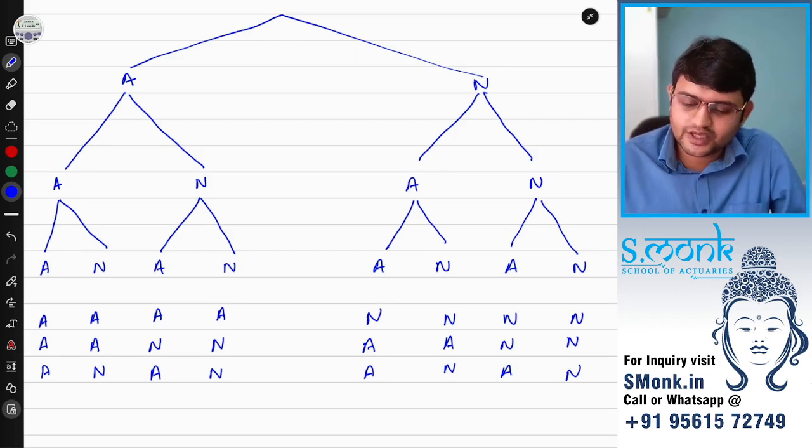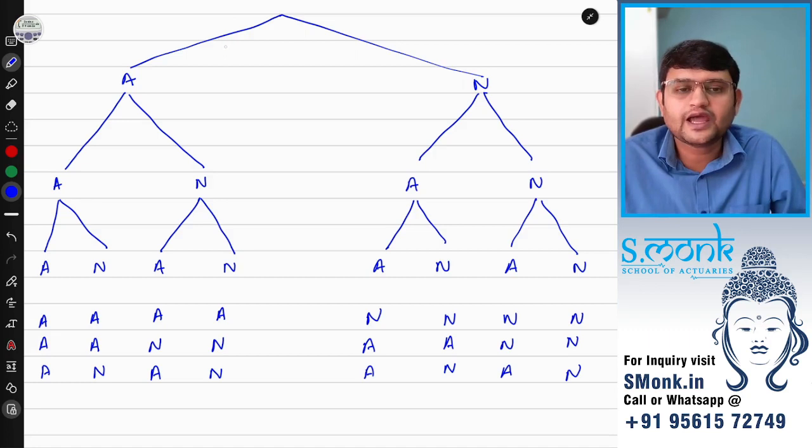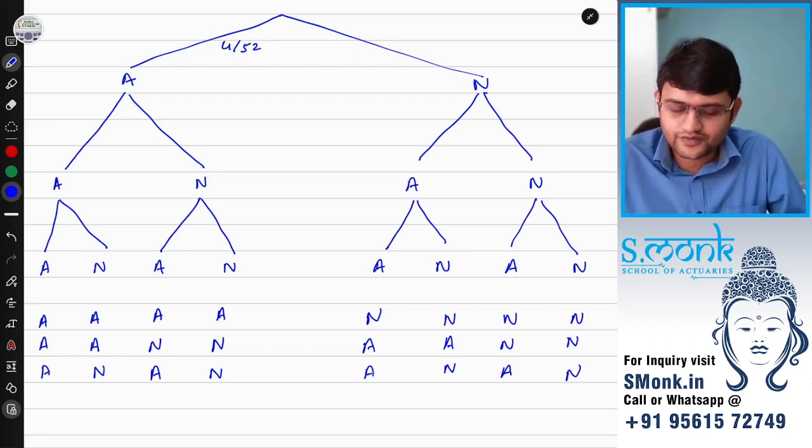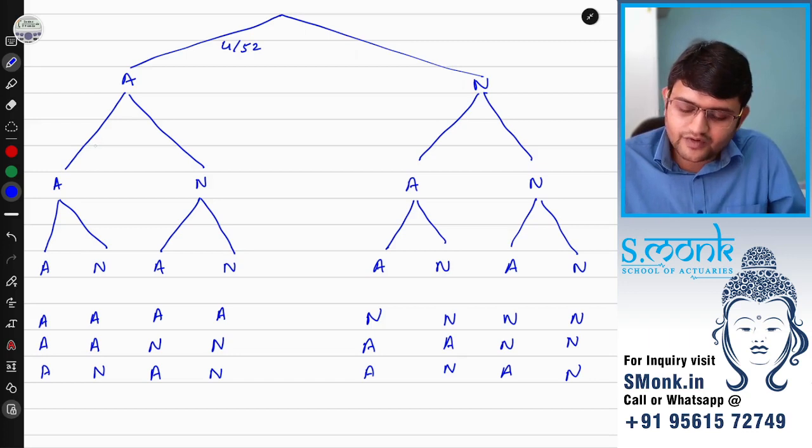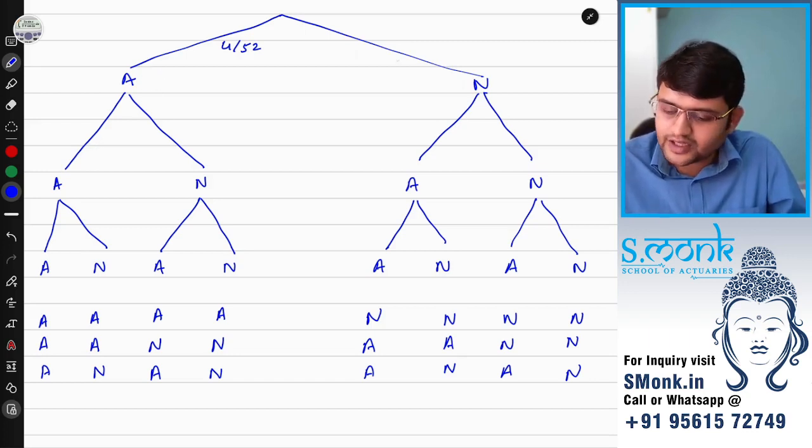So let's say in the first card, the probability that I am going to get an ace is going to be 4 by 52. In the second one, if I had an ace in the first, and here I will have actually 48 by 52, right?